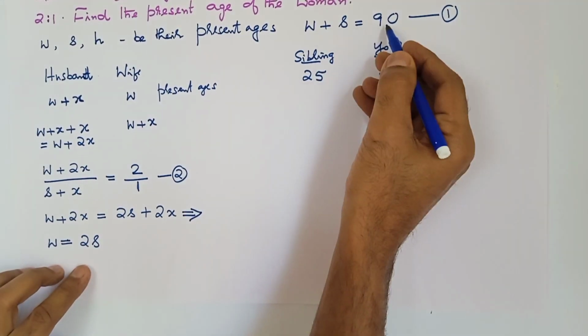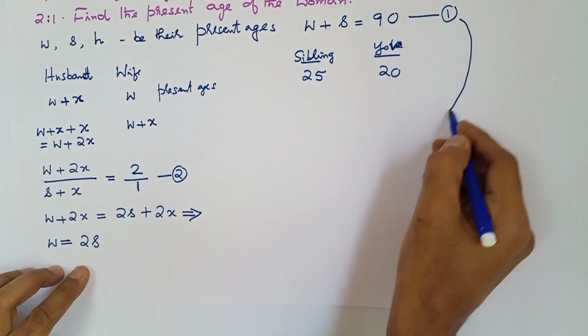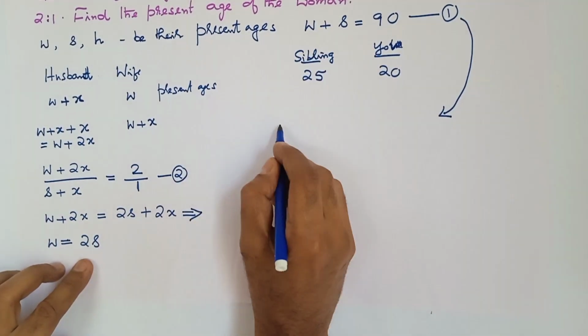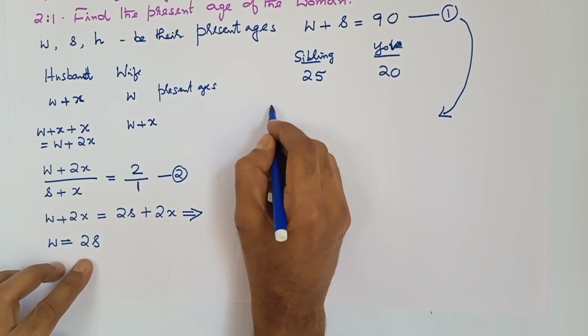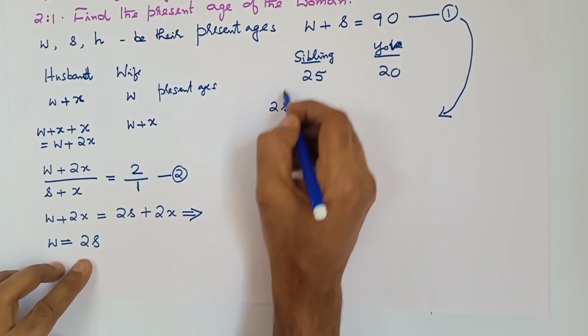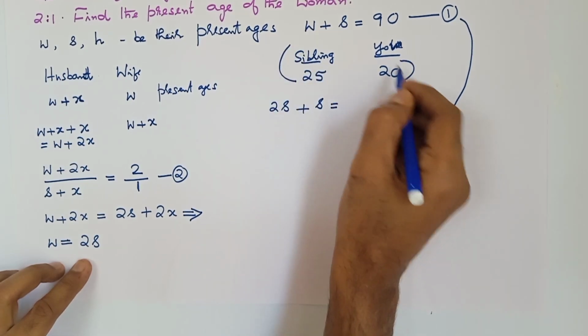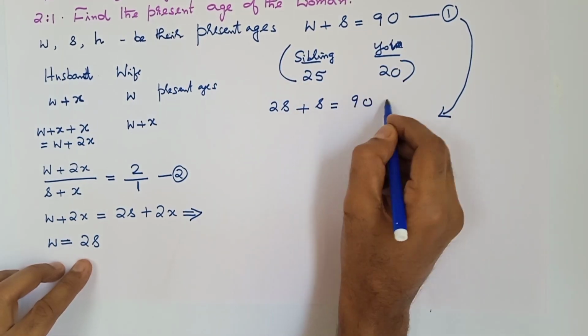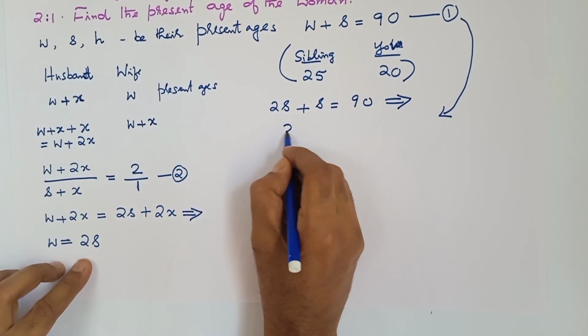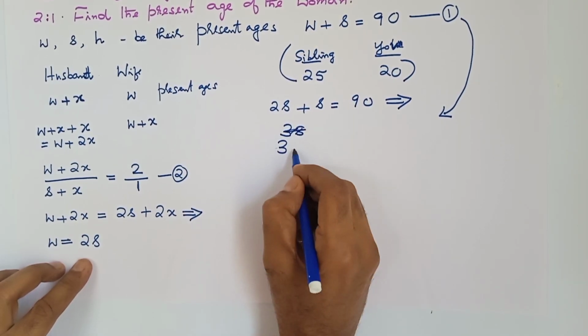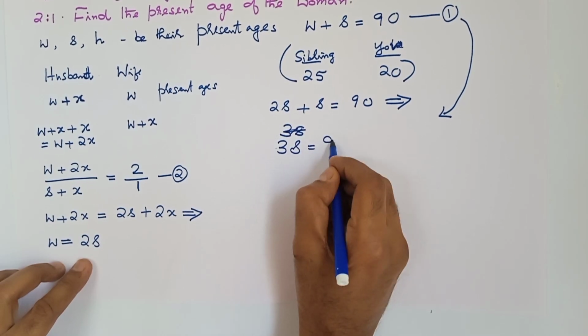We already have this equation. You substitute W equal to 2S there. So instead of W, let me write 2S. And then there is an S here, which equals 90. This will be 3S equals 90.